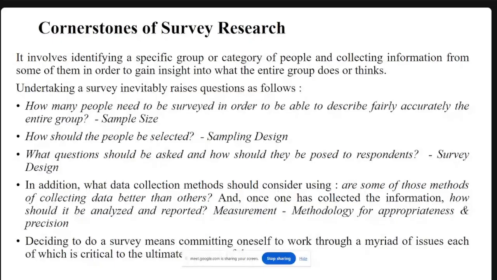So a survey raises some questions. When you are trying to plan a survey, the most important thing is the sample size, that would be the ideal sample required in order to conduct the research, so that you can draw certain inferences about the population.